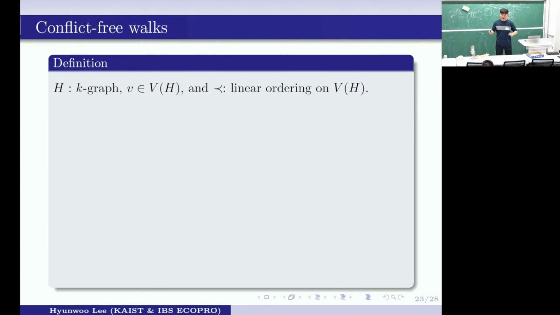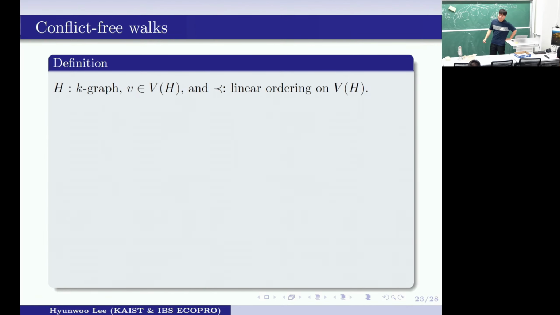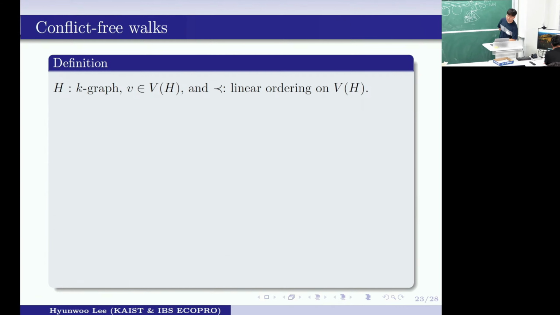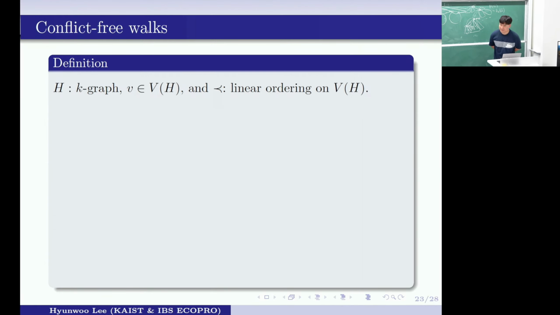Okay, so now we have the hypergraph analog of the path for the path tree and Godsil's identity. The other thing is to define the hypergraph version of the path tree based on the definition of complete-free walks. We start in the same situation: let H be k-uniform, V some vertex, and we fix some arbitrary linear ordering on the vertices.